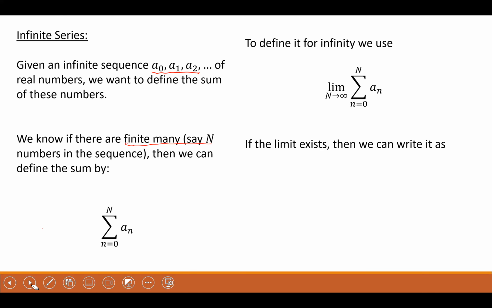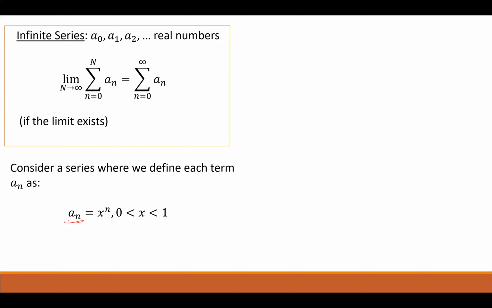Okay, so now we're going to look at a series where we define each item in the sum as some x to the power n, where x is some value between 0 and 1.